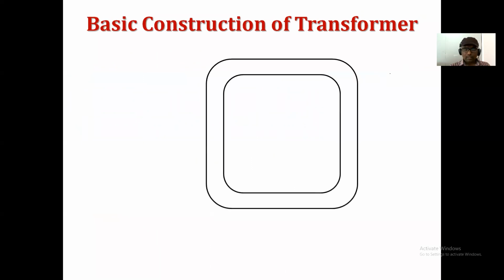Then if you see the basic working principle, I have already told you this is the core of the transformer made up of silicon steel. Here, if you see this rectangular core, these are the two vertical sides of the core, and on these two vertical sides, two windings are wound.